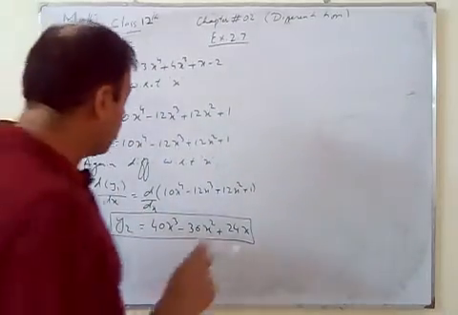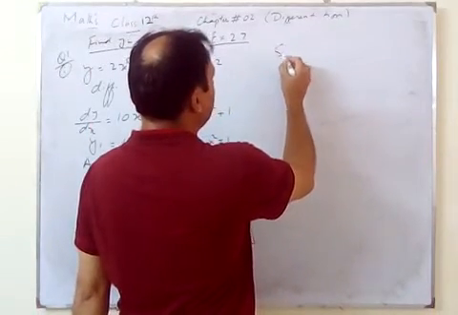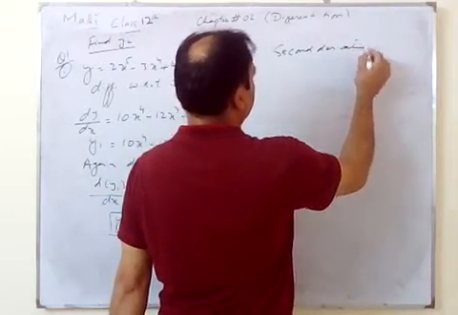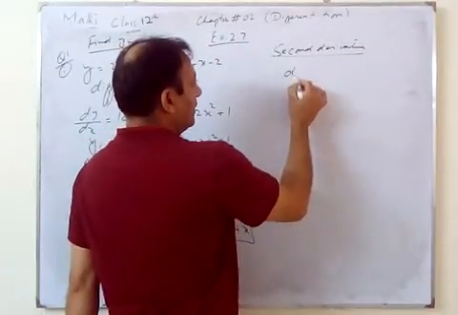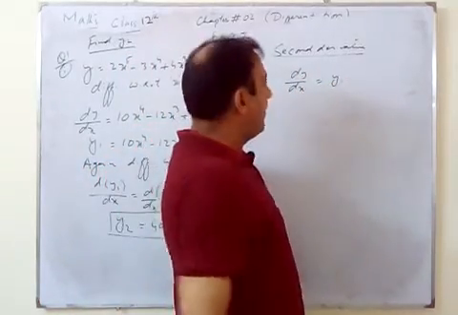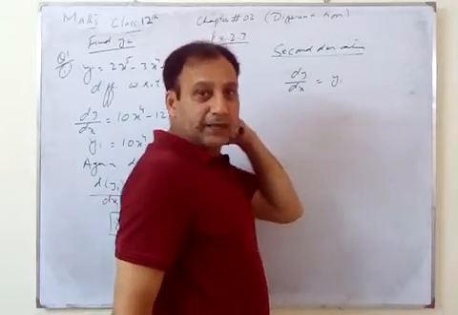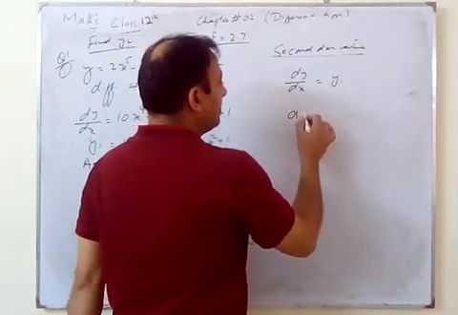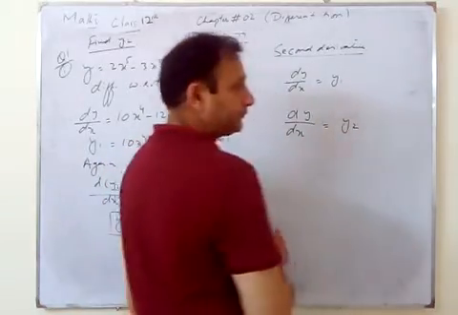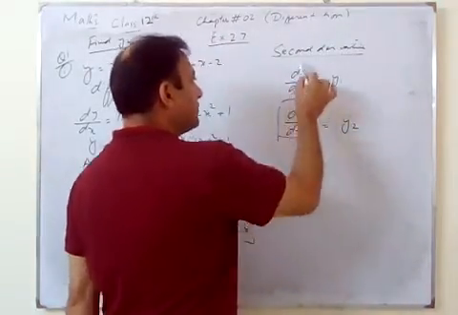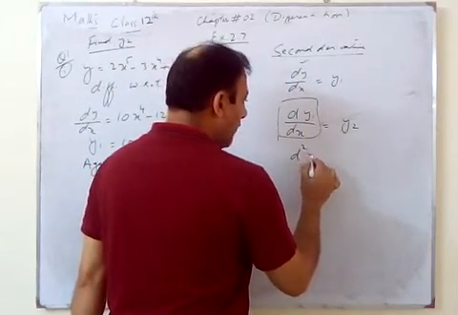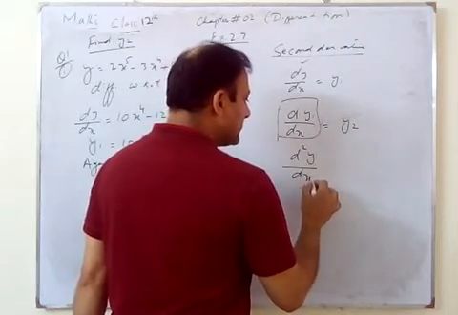Here I want to tell you one thing about the second derivative. dy by dx is called the first derivative, and the first derivative is written with subscript 1. The second derivative is written with subscript 2, or it can also be written as d square y divided by dx square.